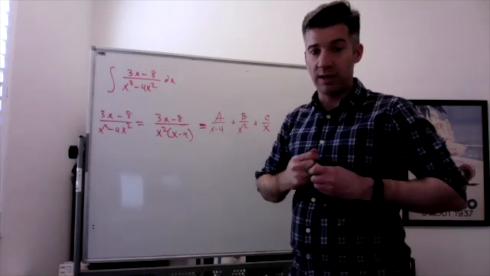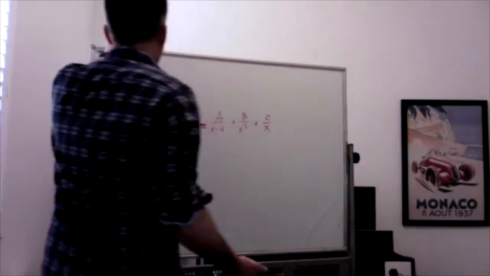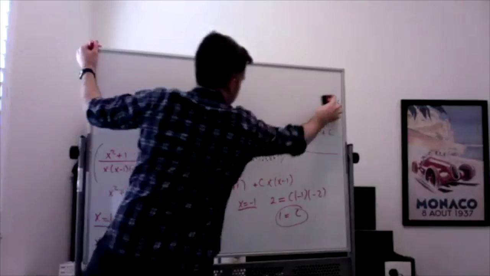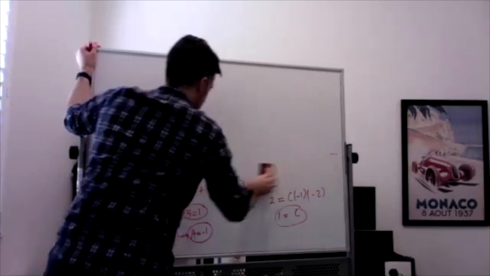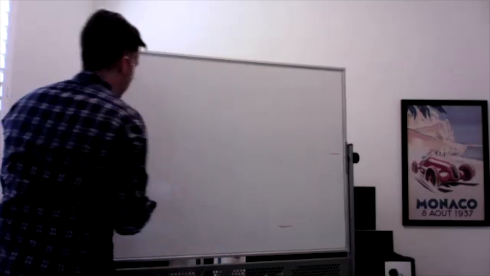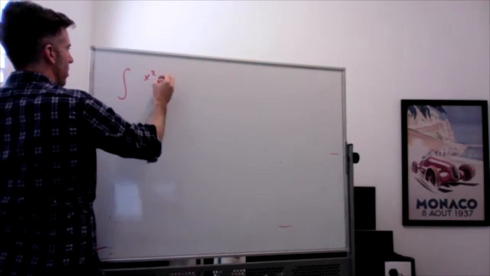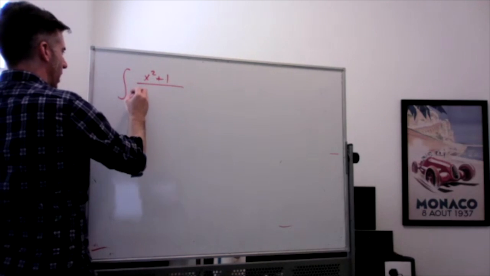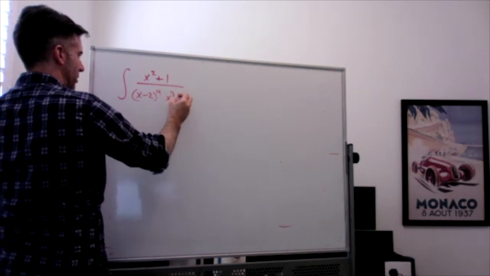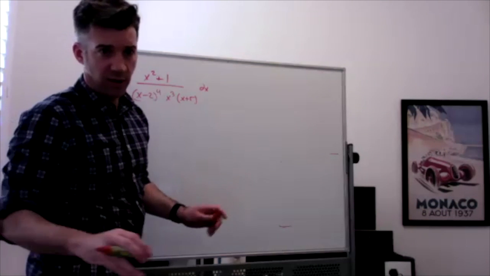Just to show you another example before we do this one. So this other example I'm going to show you we're not going to do. But for example, if I had a problem that was something wild, like the integral of x squared plus 1 over x minus 2 to the 4th times x cubed times x plus 5, which would be a completely heinous, terrible problem.